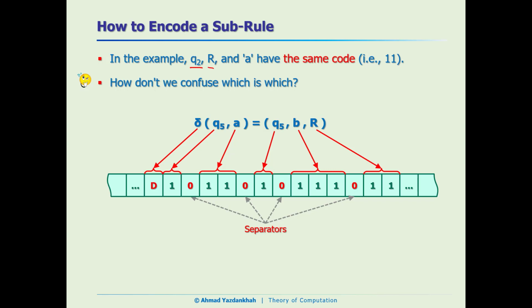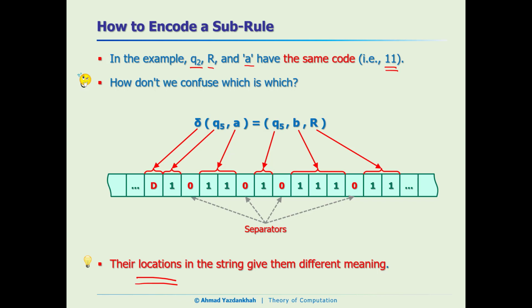There is another point here that we need to take into account, and that is Q2, R, and A. In this example, all of them are encoded as 1, 1. How do we not confuse which one is which? The answer is their location. Their location is important. For example, when I see the D, it means that one subrule is starting from here.